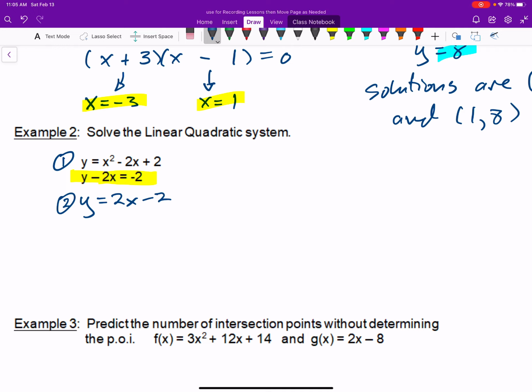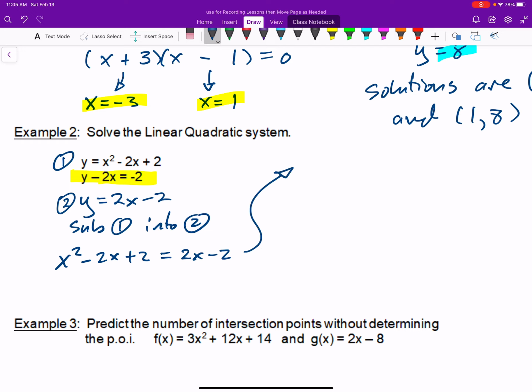And then I can sub 1 into 2 like I did before, which simply means replace the y in equation 2 with x squared minus 2x plus 2. And again, I've really combined these two equations. And then just go up here where I got a bit more space.